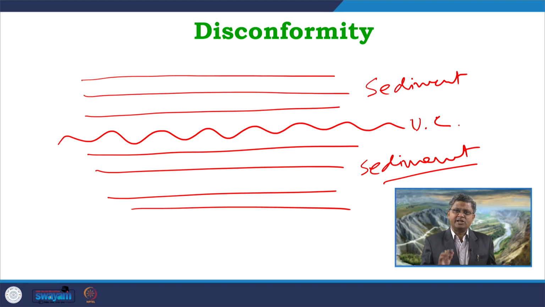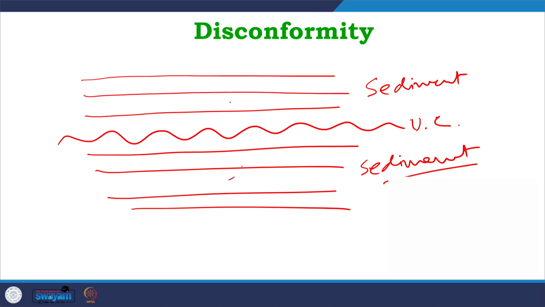So, very commonly disconformity can be observed in sedimentary basins within sedimentary successions where the overlying and underlying units are both sedimentary rocks.